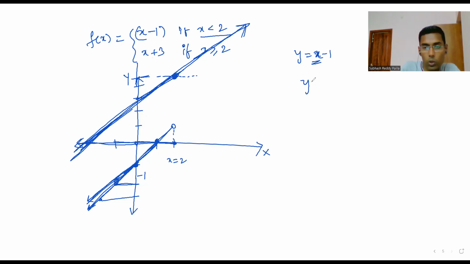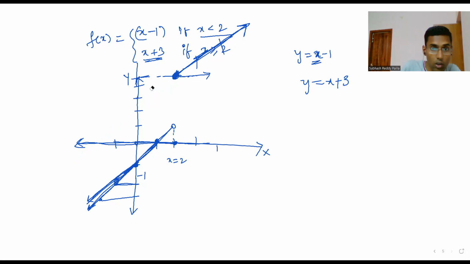Though y equal to x plus 3 is this graph, x is greater than 2. From here, x equal to 2, this one. x equal to 3, this one. x equal to 4, this one. You have to draw this, and this is not required. You understand? Yes, sir. Got it.